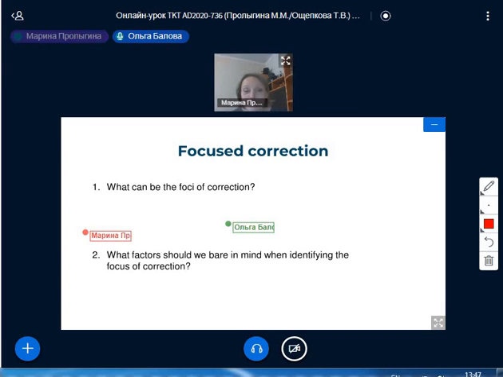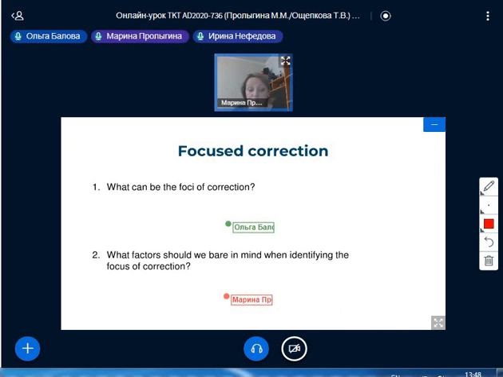You'd better concentrate on the corrections of the material that is under scrutiny at the moment. So if you're studying tenses, and these are compositional essays that they had to write using, say, past tenses, you have to concentrate exactly on the correction of that aim that you put in front of students.